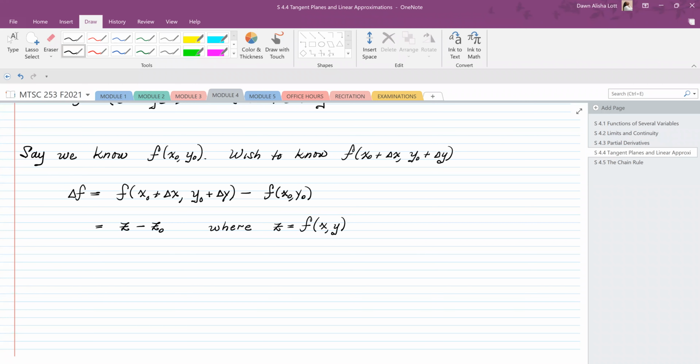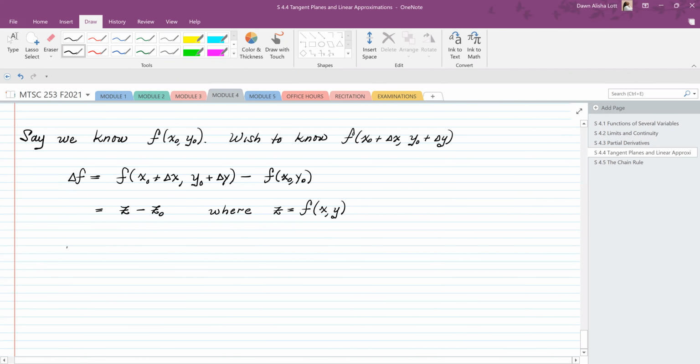But we can approximate delta f, the actual change, by df, which is f sub x dx plus f sub y dy.